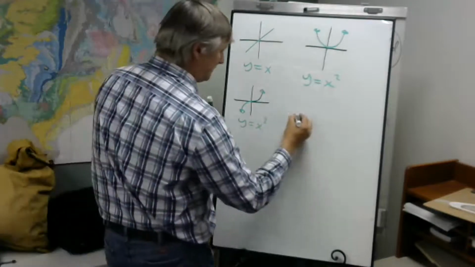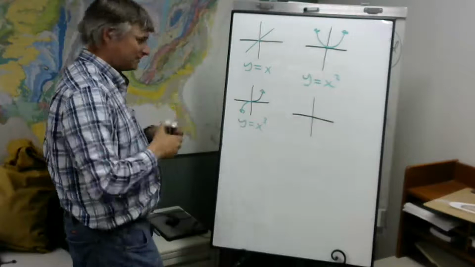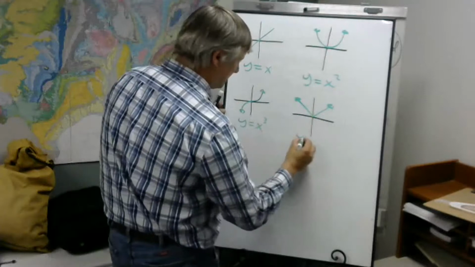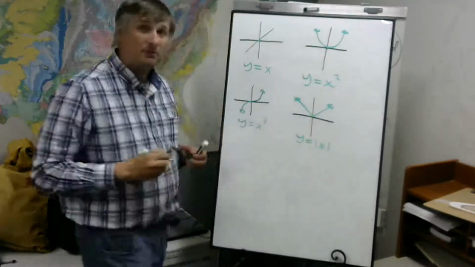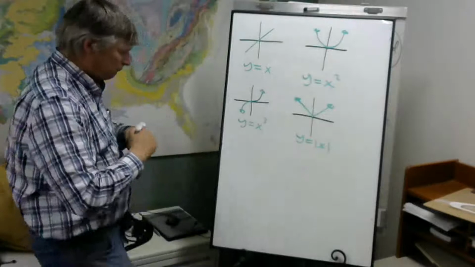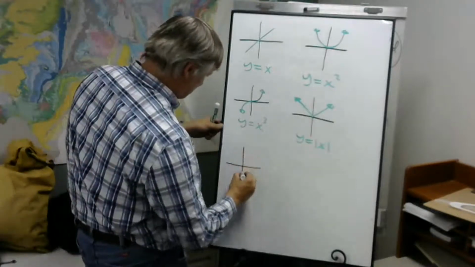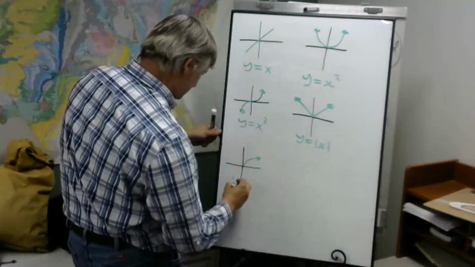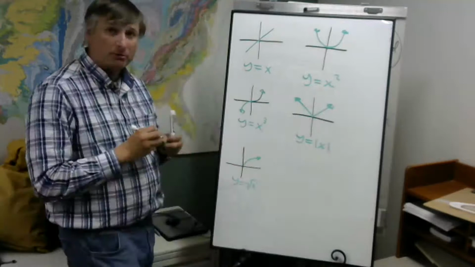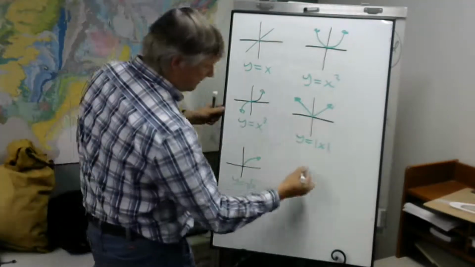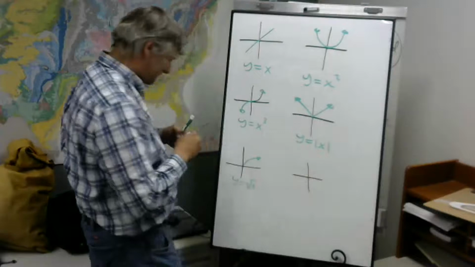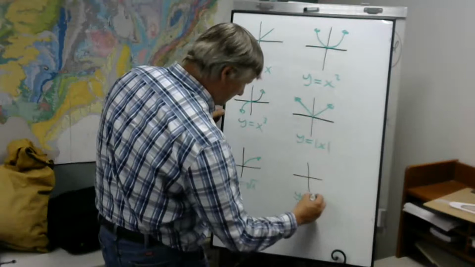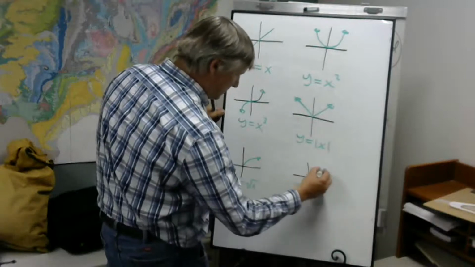We have this one, y is the absolute value of x. Y is the square root of x. And this is probably the last canonical function, y equals the cube root of x.